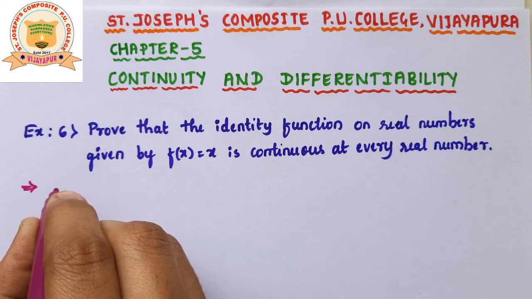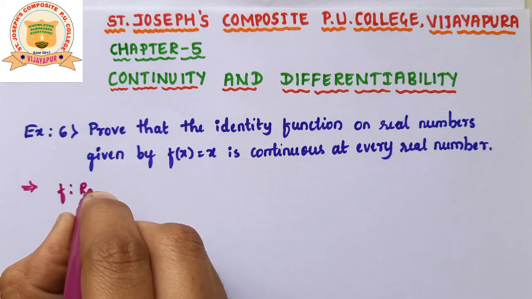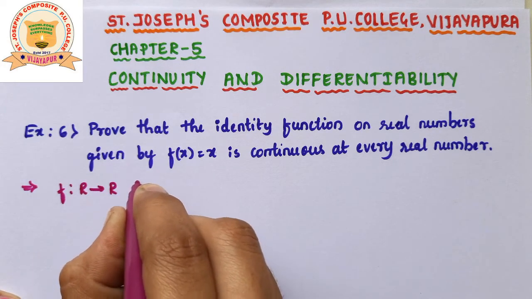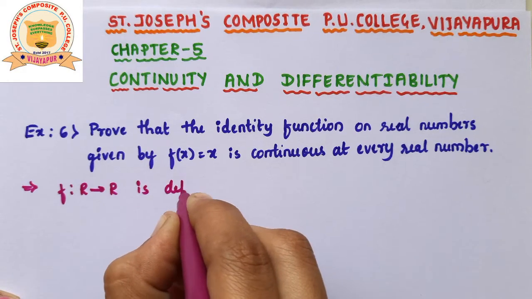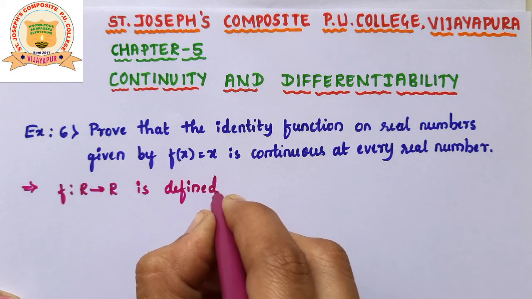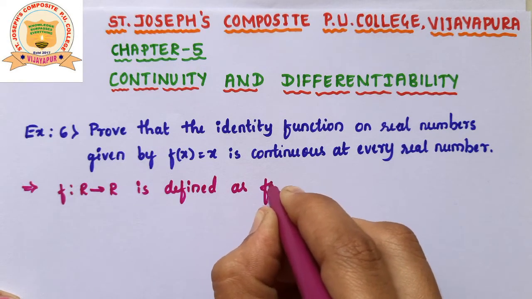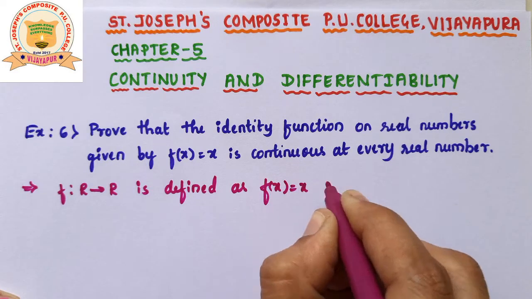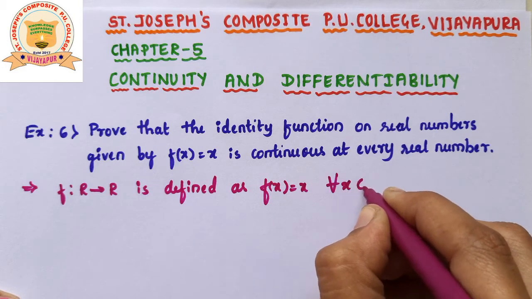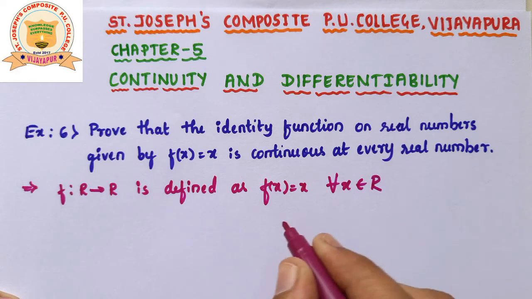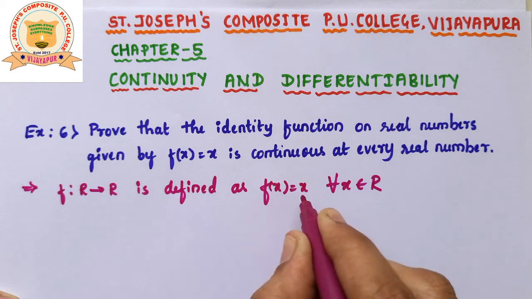Identity function is a function f from R to R defined as f of x is equal to x for all x belongs to real numbers. What is the meaning of f of x is equal to x?